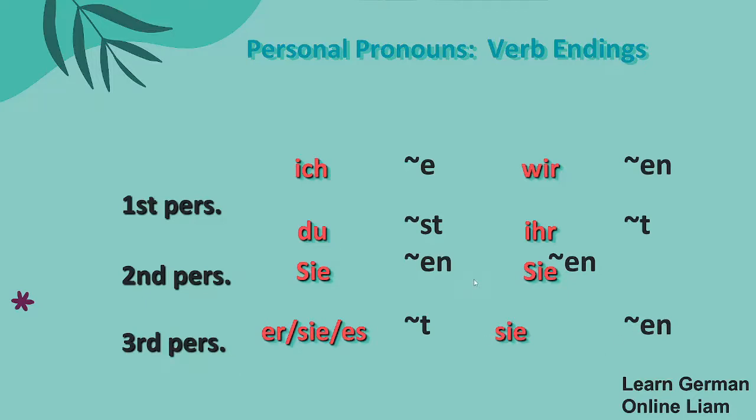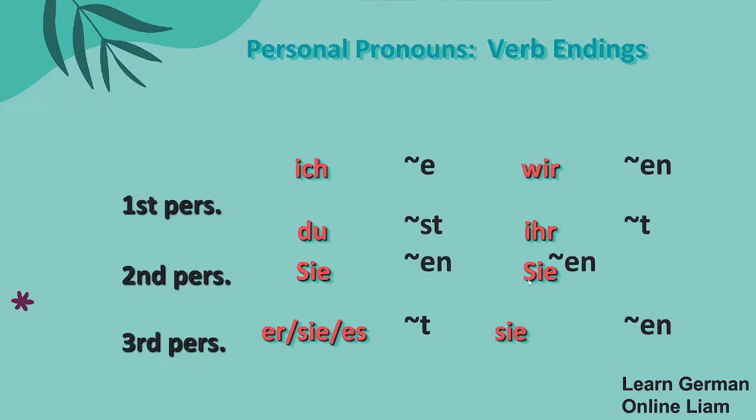And like I said, it is much easier to remember. Don't worry about this. Half of them will get en. Here Sie, second person singular: if I talk to a doctor or a professor, then I'll be using the Sie form, and the verb ending will be en. The easiest way. And even if I'm going to talk to many doctors or professors or any elderly persons, then I will use en at the end.